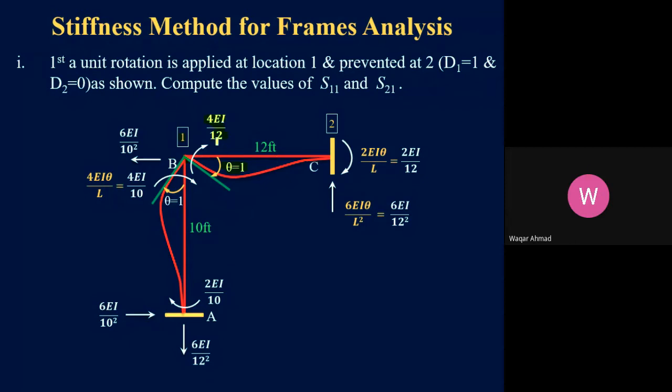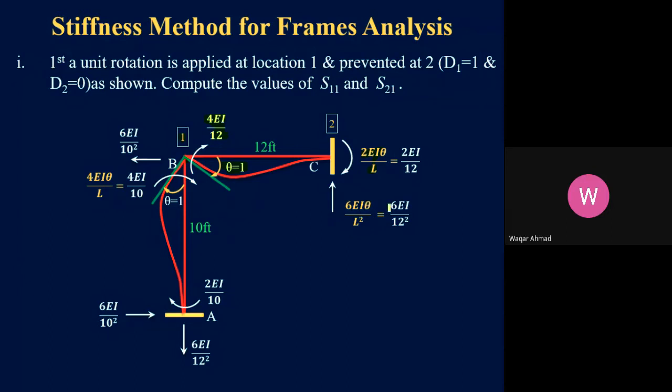So now, the value of this induced moment at the near end is 4EI theta over L, which is 4EI over 12, since theta is equal to 1 in this case. And at the far end, it is equal to 2EI theta over L. And the compensating reactions, which should be in the opposite sense to these induced moments, now their values are 6 times EI theta over L square.